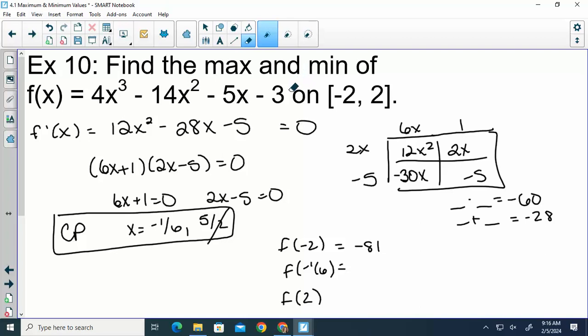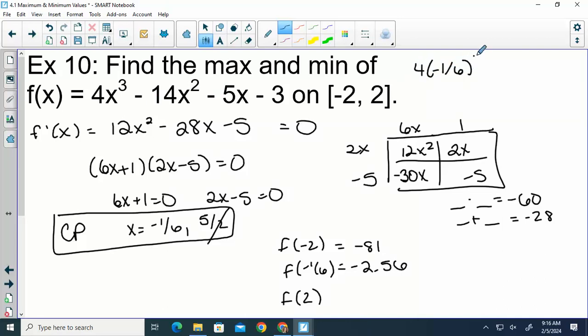That's what I had. -2.57 actually is what I had. I got -2.57 again. Make sure if you're putting in negatives or fractions, put them in in parentheses. Two, what did you get?